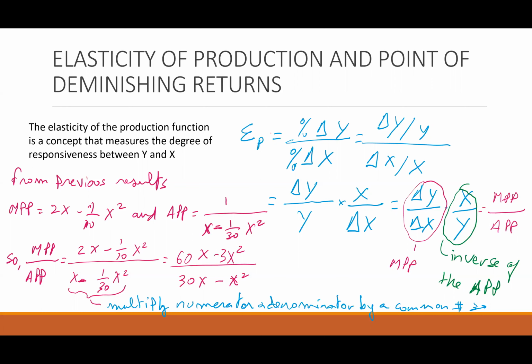To find the optimum, we don't know whether we should look at the optimum of the average production function, the MPP, or the production function itself. So we use the elasticity to see what should be the best. If we want to look at the elasticity of the function with respect to x, there's a formula, and I reproduce it over here.